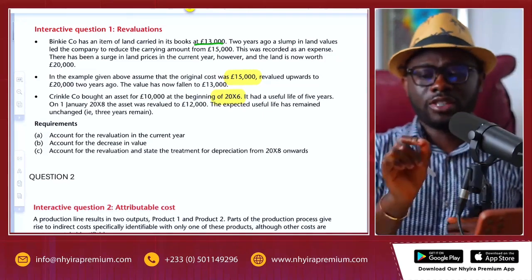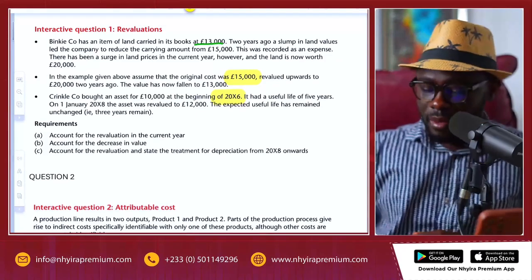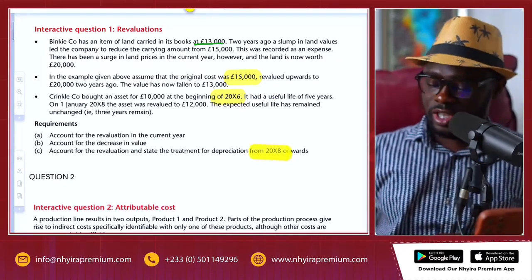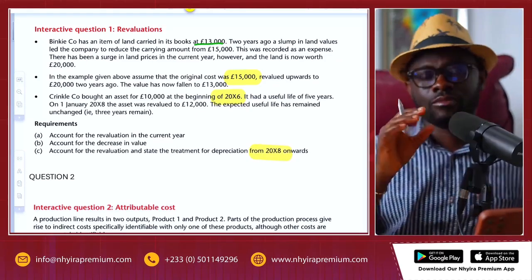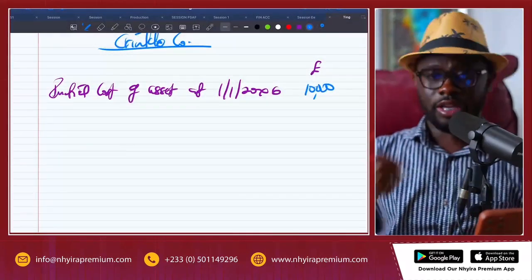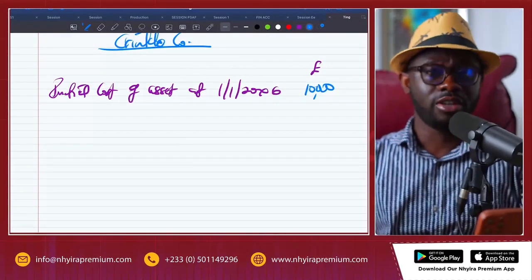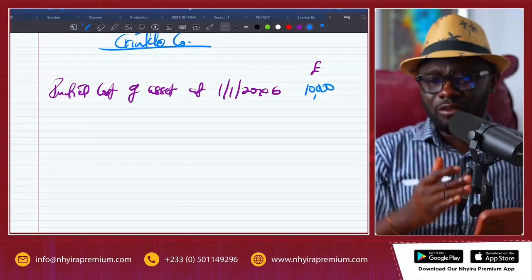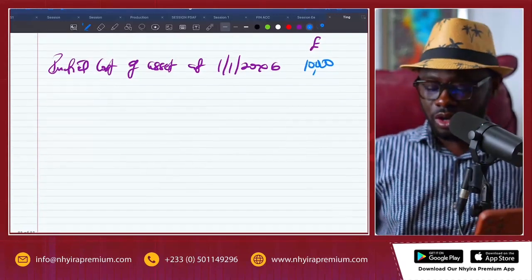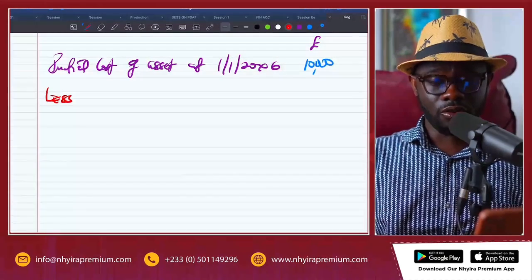The revaluation is being done at the beginning of 20x8. Remember, the year end for us is 20x8. So the asset was used in 20x6 and 20x7, because the revaluation is done at the beginning of 20x8. So we have to calculate depreciation. We deduct the depreciation for the 2 years.